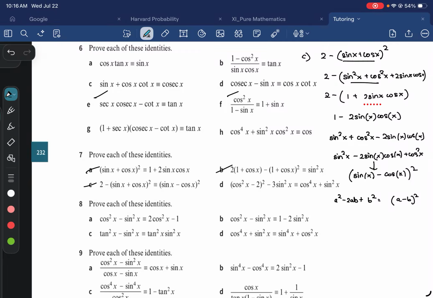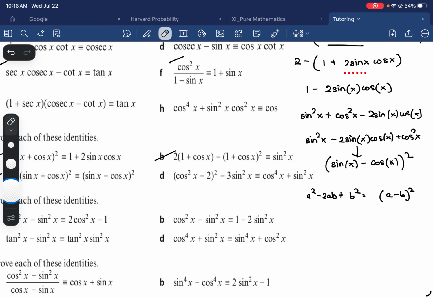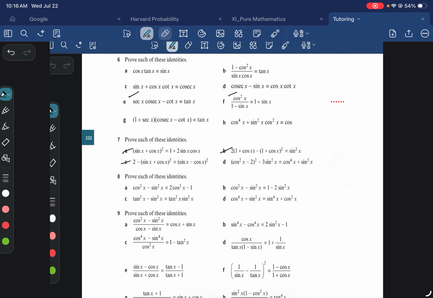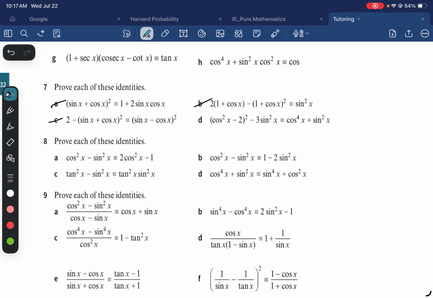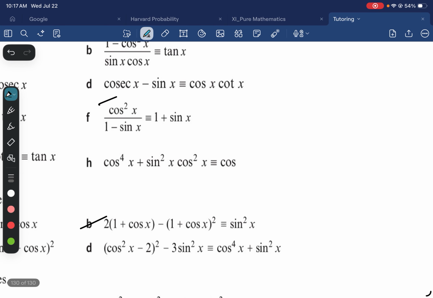All right, so we are almost done with question 7. Let's do 7d. So 7d says (cos squared x minus 2) squared plus 3 sin squared x equals cos 4x plus sin squared x.